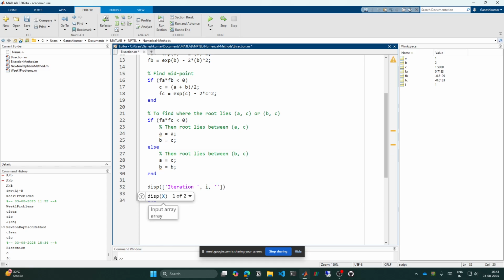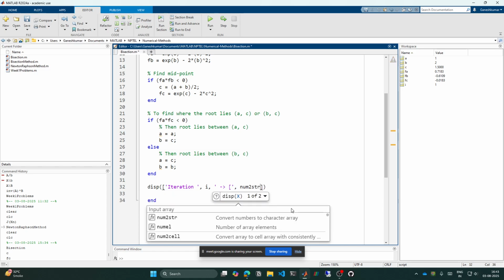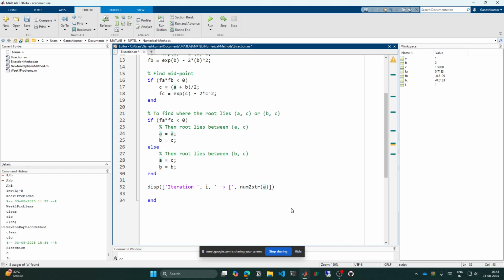Then I want to know what the interval is, so let me write it as a, and b. This is just a printing thing, you don't need to worry about this.